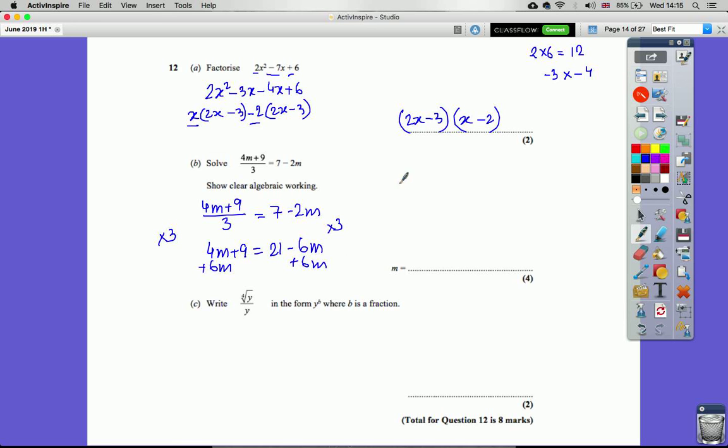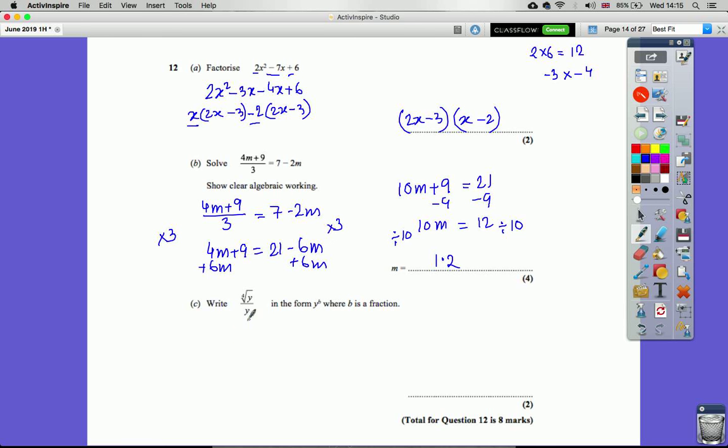So I will get 10m plus 9 is equal to 21. Then I'm going to subtract 9 from both sides. So I get 10m is equal to 12. Then you divide both sides by 10. So m will become 1.2. So that would be your answer here.